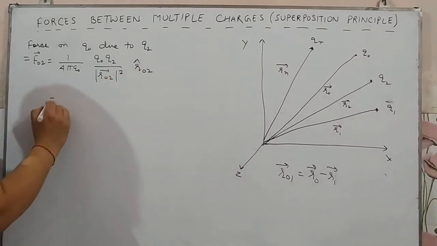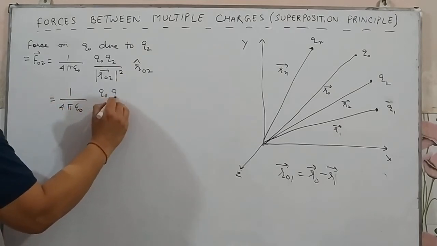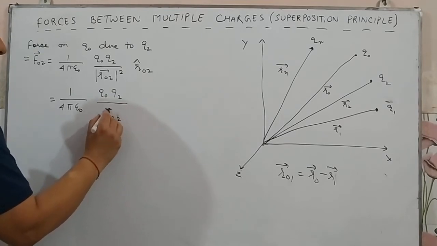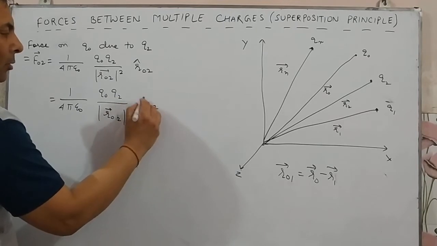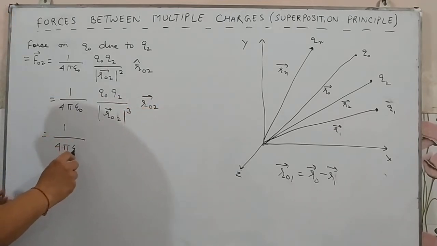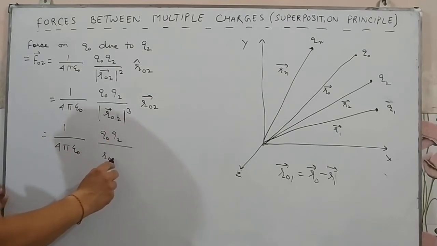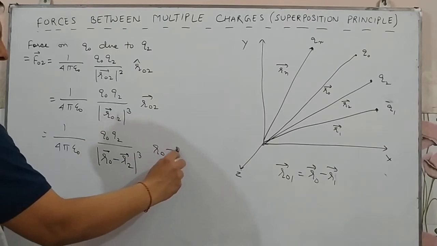In expanded form, it can be written as 1 upon 4 pi epsilon naught, q0 q2 divided by r02 cubed, times the r02 vector. And the last expanded form is 1 upon 4 pi epsilon naught, q0 q2 divided by the magnitude of r0 minus r2 cubed, times the vector r0 minus r2.